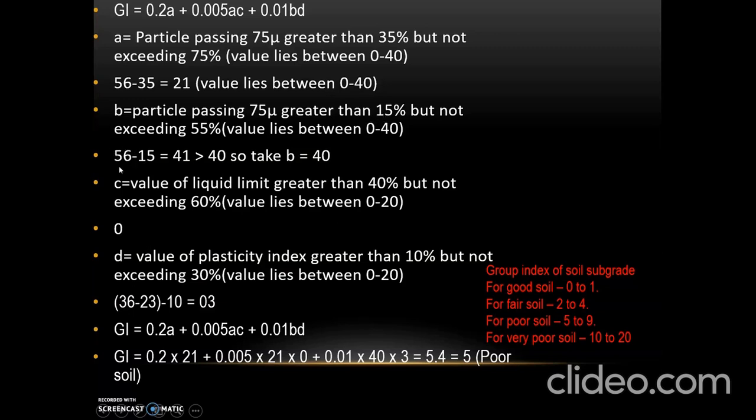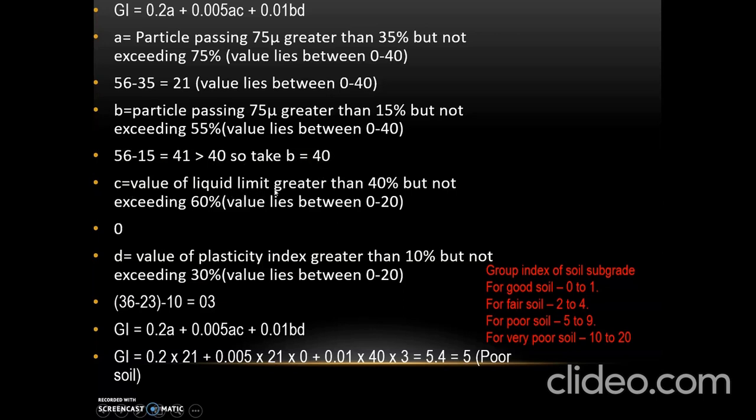F is 56, minus 15 will give us the value 41. This value 41 is not within the range 0 to 40. Since maximum value should be 40, we will restrict it to 40 itself. Since 41 is greater than 40, B will be equal to 40.